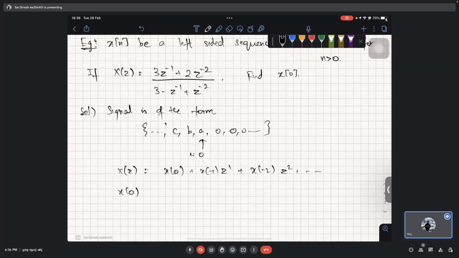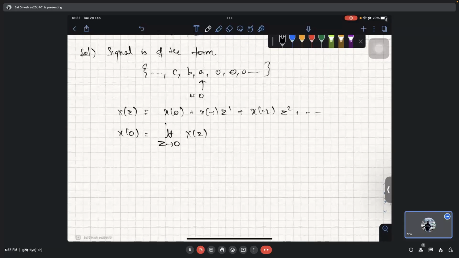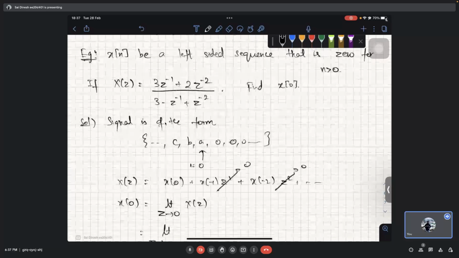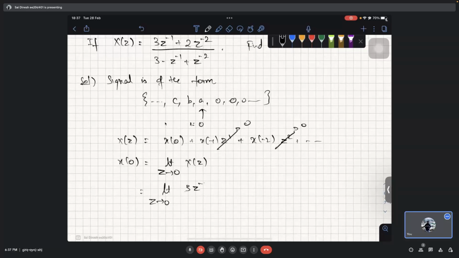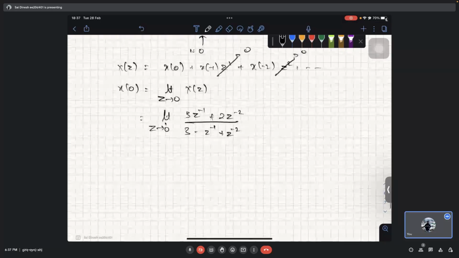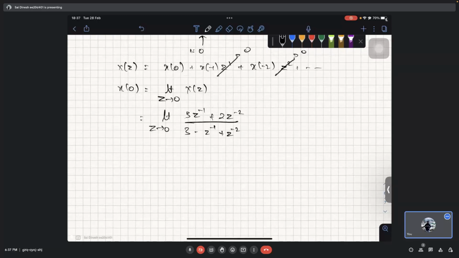So x of 0 is equal to the limit z tends to 0 of X of z, simply. So then these parts go to 0, which is equal to the limit z tends to 0 of X of z, which is (3z inverse plus 2z power minus 2) by (3 minus z inverse plus z power minus 2). Now take the z power minus 2 common.